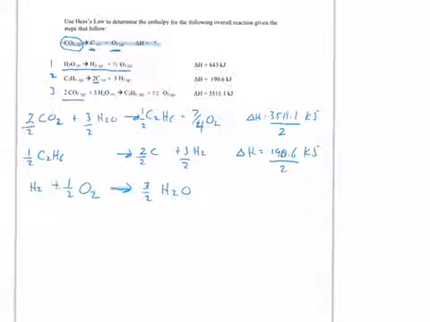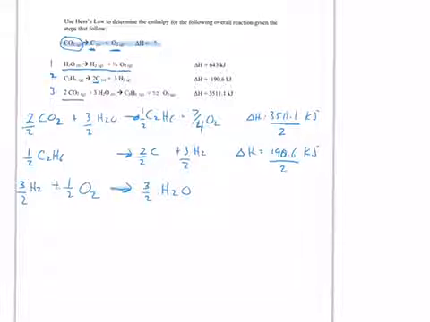You'll also notice that there is 3/2 of a mole of hydrogen in that second equation. So this is going to work if I multiply everything by 3/2. Now, with oxygen, we've got 1/2 of a mole of oxygen. I need to multiply that also by 3/2.